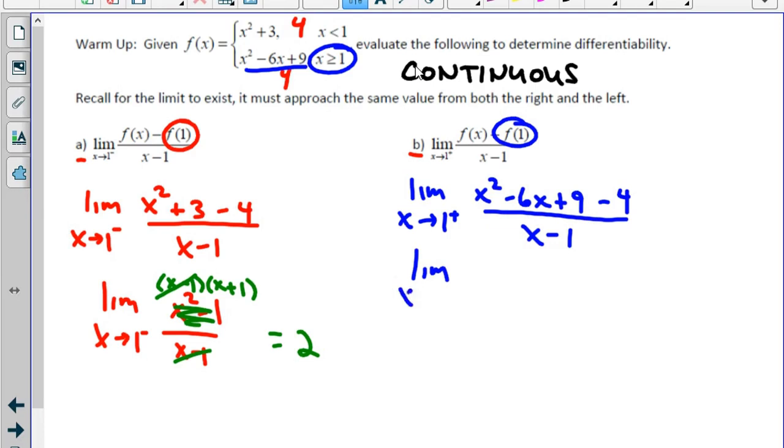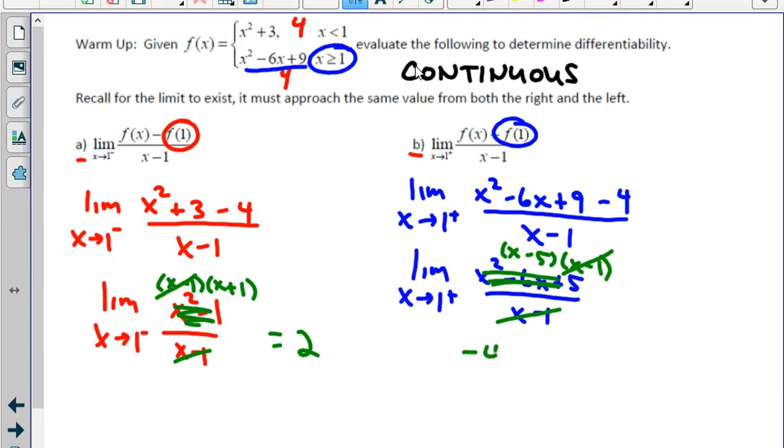So now the limit as x approaches 1 from the right, if we simplify the numerator, it's x squared minus 6x plus 5. We can factor the numerator into x minus 5, x minus 1. And so then the limit as x approaches 1 from the right, we can substitute 1 in and we get negative 4.